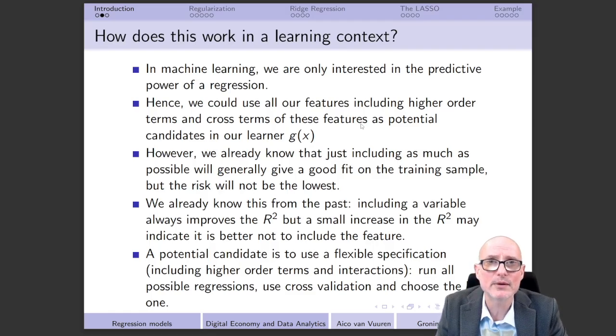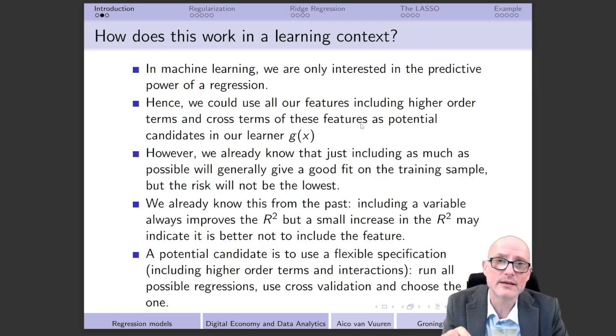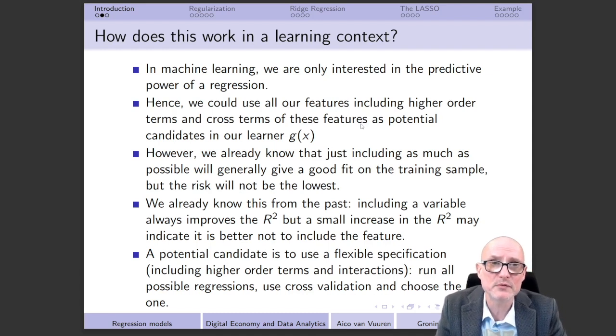Remember the example with k nearest neighbors, where we also saw that taking k equal to 1 is usually not the best thing to do. Even though it gives the best fit on the training sample, it's not going to give us the lowest potential risk. So the question that arises is what to do in this case.